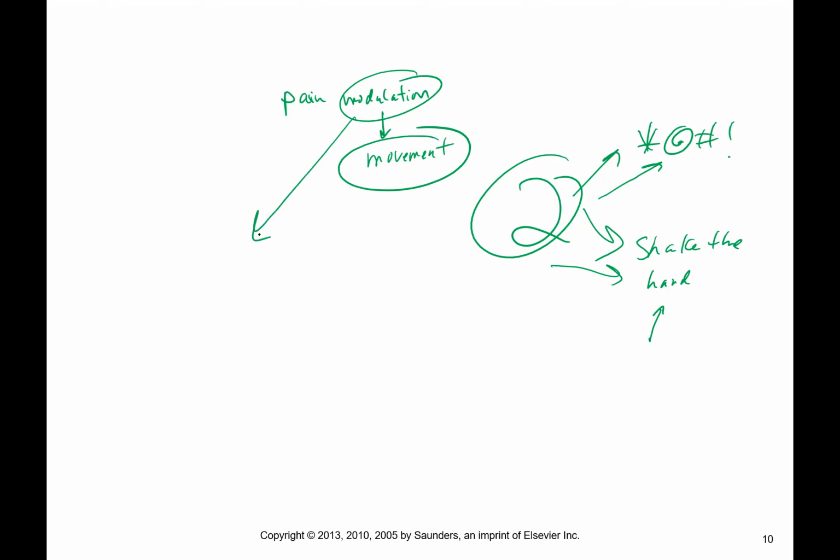Another way it does it is through opioids.